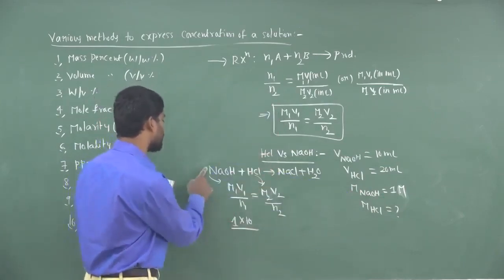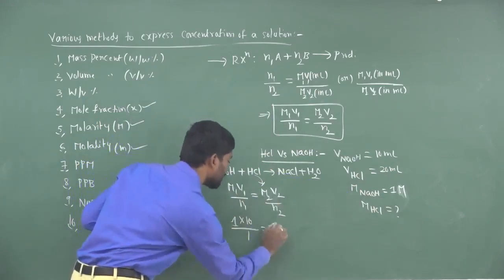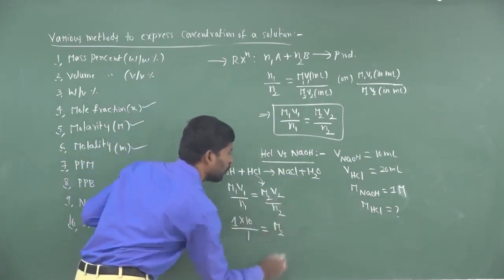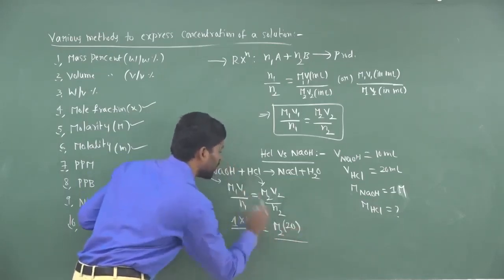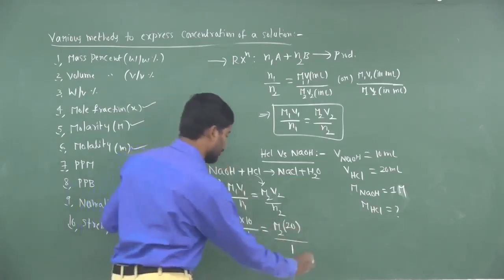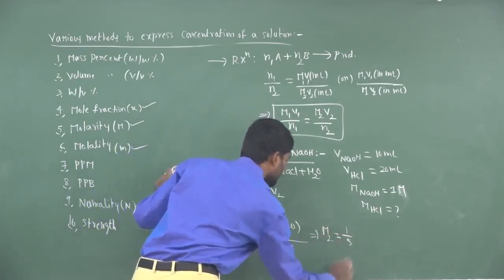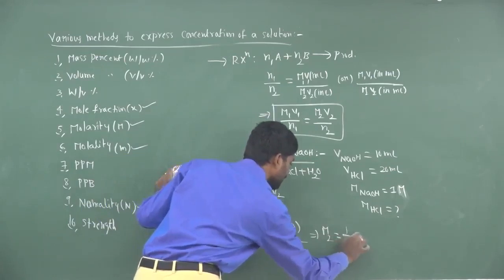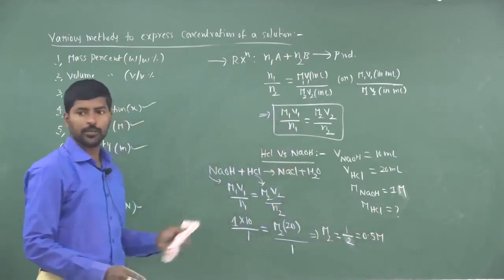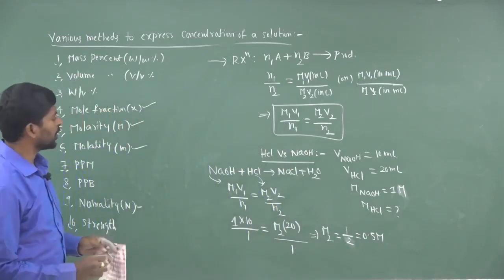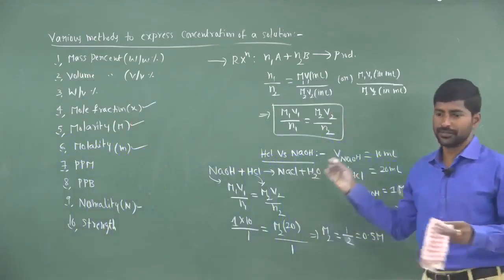The number of moles of NaOH is 1. That is equal to M2, the molarity of HCl we want to calculate, with the volume of HCl taken being 20 and the number of moles of HCl being 1. So M2 is 10 by 20, that is 1 by 2, which is 0.5 molar. So the molarity of HCl is 0.5. Like this we can calculate unknown solution concentration during titrations.